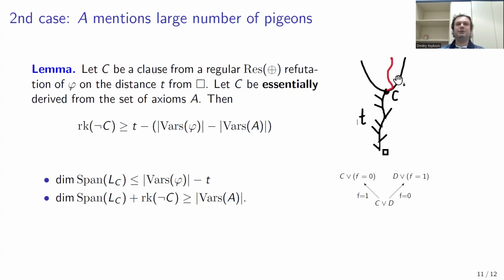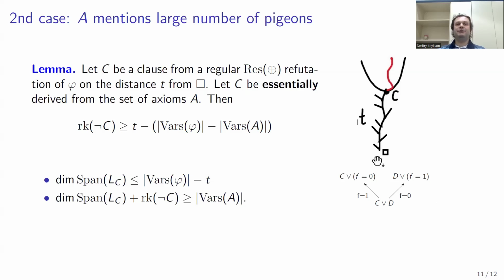Consider the following example of application of the resolution rule. Let an assignment falsify the conclusion. Then if in this assignment f equals 0, it falsifies the right premise, and if f equals 1, it falsifies the left premise. So we can assume that the edges of the refutation graph are labeled with linear equations.